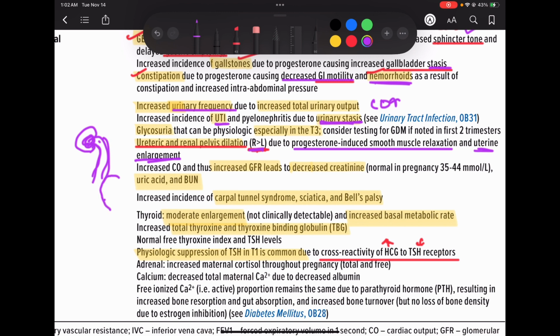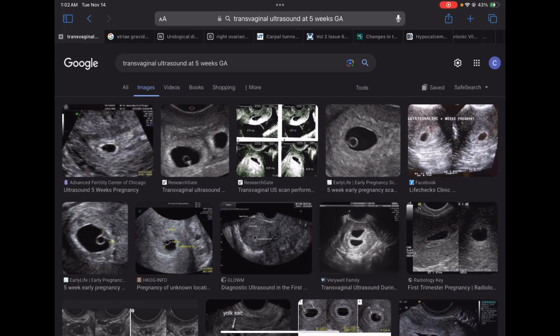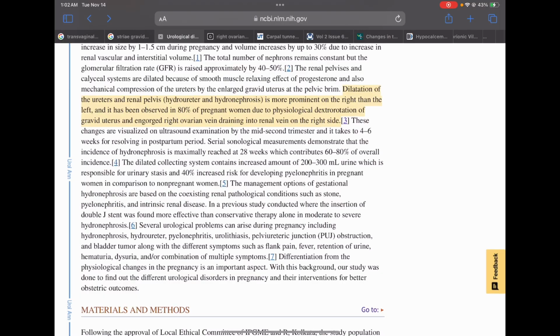The gravid uterus undergoes some physiological dextrorotation, rotating towards the right side. Let me show you guys. Right here.